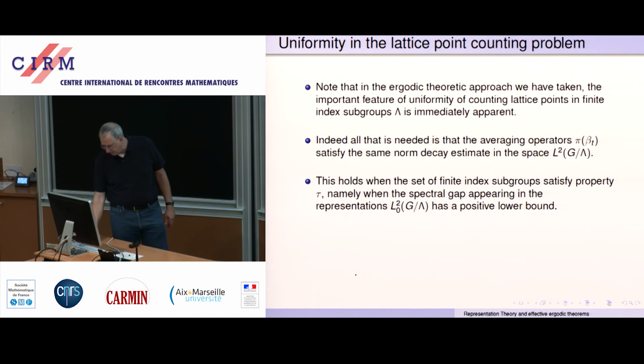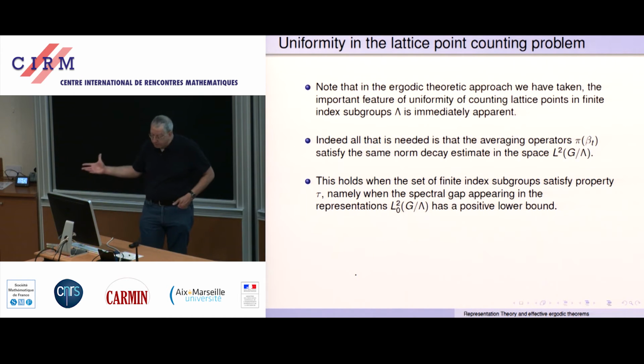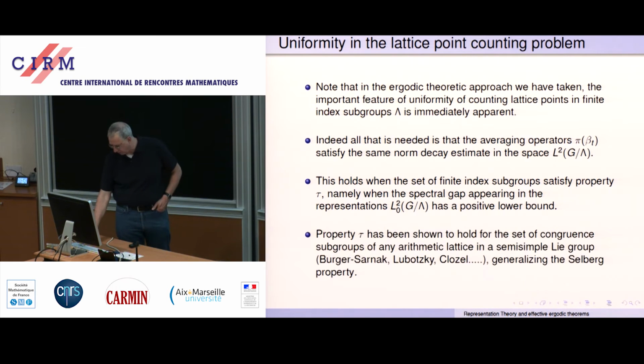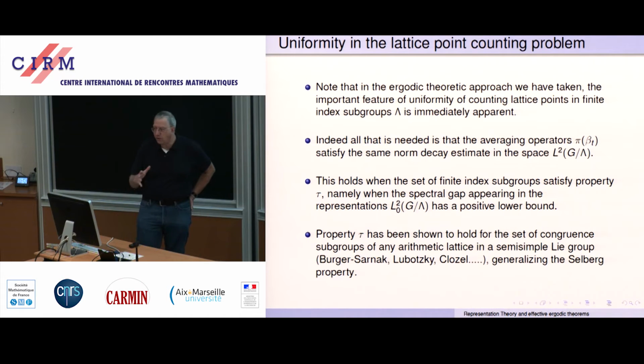And this holds when the set of finite index subgroups satisfy property tau, namely when the spectral gap appearing in these representations has a positive lower bound. If you like, this is a definition of property tau. And property tau has been shown to hold for the set of congruence subgroups of any arithmetic lattice in a semi-simple Lie group. This is a very long story.